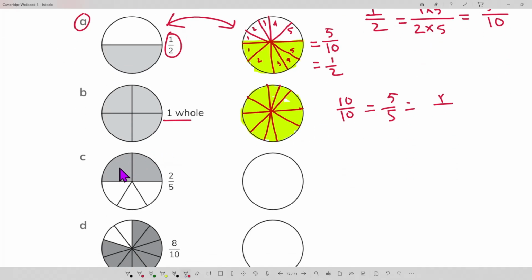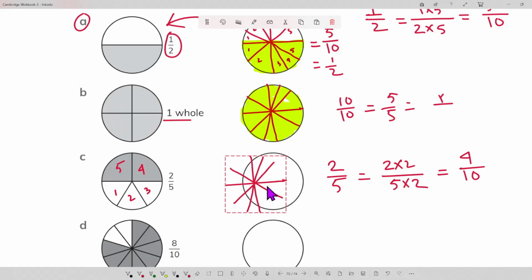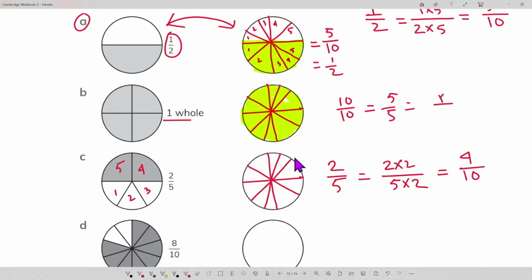Now here is 2/5. It means there are 1 2 3 4 5 parts, 2 parts are colored, so 2/5. Similar thing, 2/5 equals, we can write, 5 times 2, it means 2 times 2, then 4/10. If we draw it like this, here are 10 parts, we will draw just 4 parts.